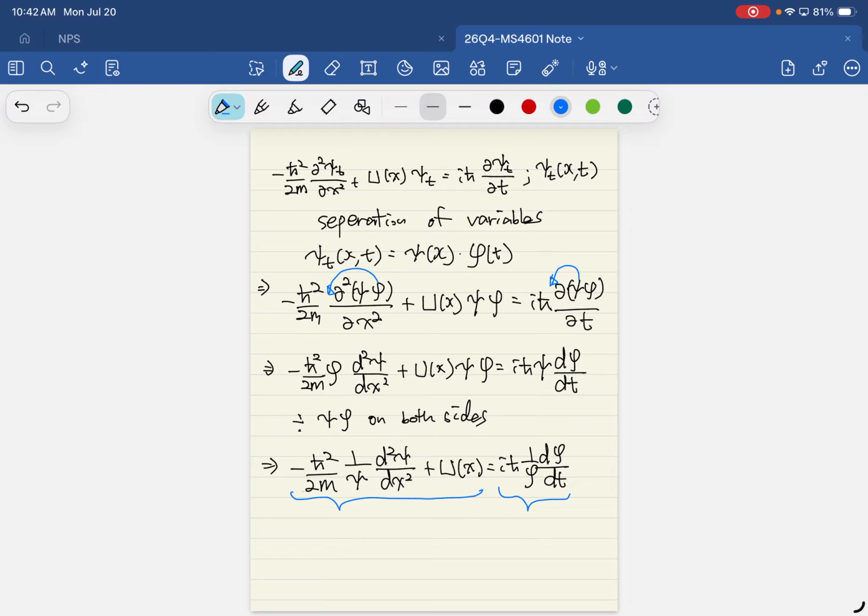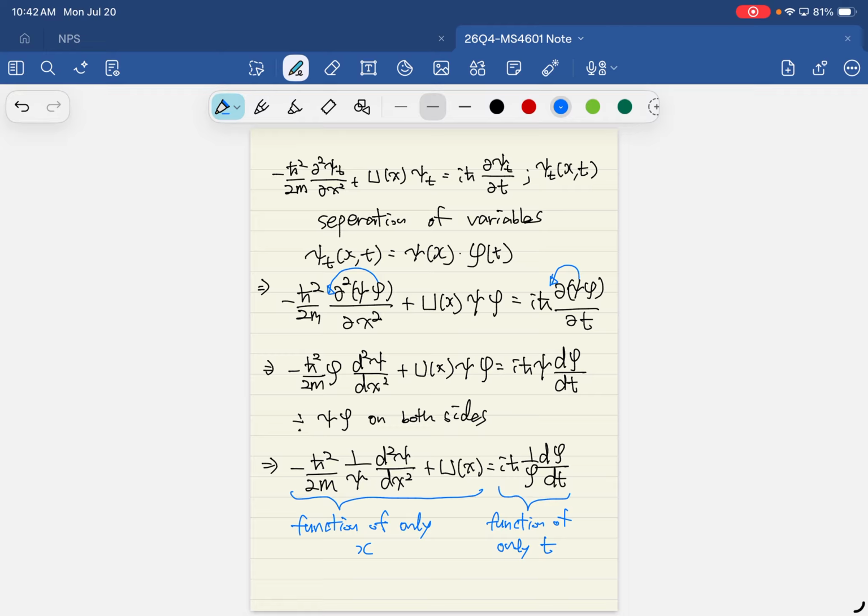So what that means is that this left-hand side is a function of only x. And on the right-hand side, h bar is constant, and it has phi, so this one is a function of only time, okay?